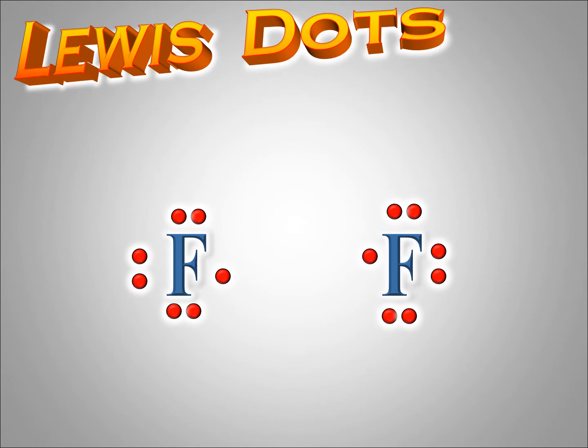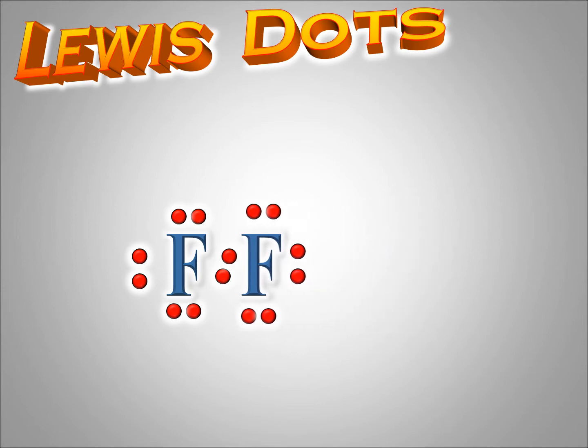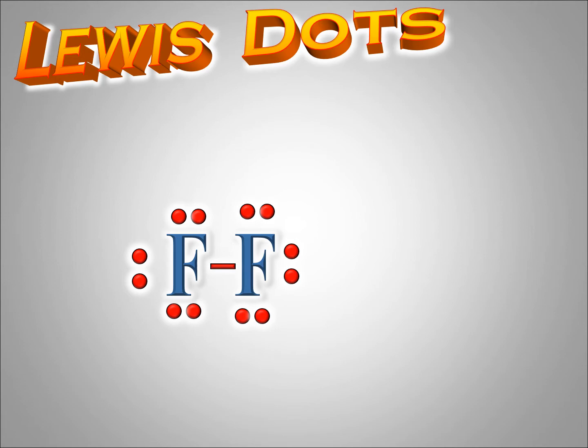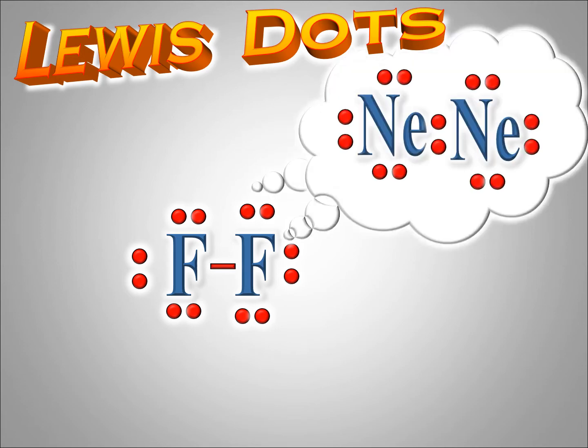Well, remember that in the case of fluorine, it actually already has 7 out of 8 valence electrons. It just needs that one more, right? And then it can get that from another fluorine. And then it can pretend it's a noble gas, not really, but it can pretend, and we count it as an octet. So think about that.